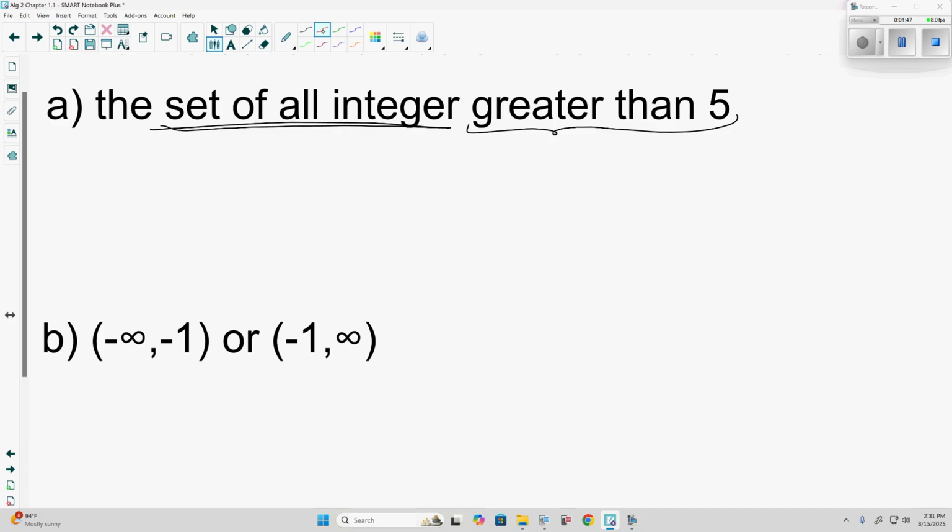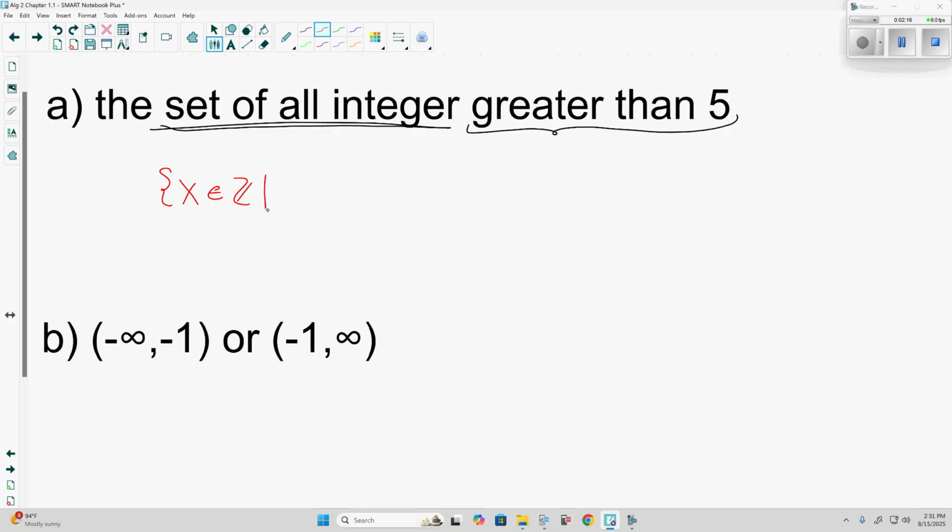So we can start writing this with a brace and x. If it had been the set of real numbers, we could immediately put our bar, our such that. But since we're talking about the integers, we're saying that x is an element of the integers, such that x is an integer and we need our description.